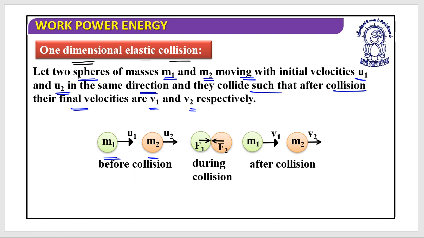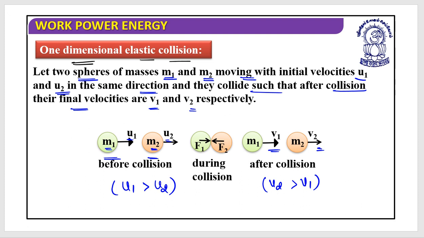So we have two spheres, one with mass m1 and initial velocity u1, another sphere with mass m2 and initial velocity u2. They are going to collide, and after collision they are moving with velocities v1 and v2. When we say collision, mostly we are going to discuss that u1 would be greater than u2, and v2 would be greater than v1. Yes, this was the case.